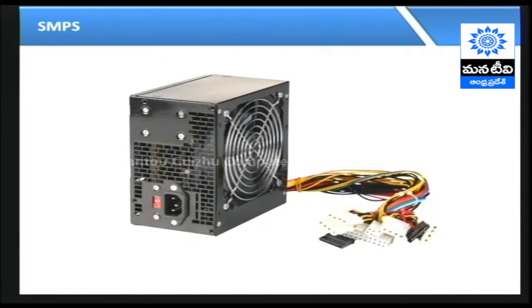What is the role and responsibility of this SMPS? On the screen you can see one type of SMPS. This type of SMPS is generally used in desktops, not in laptops. It is a desktop SMPS. The role and responsibility of SMPS is to distribute the required amount of power to the different components within the computer.